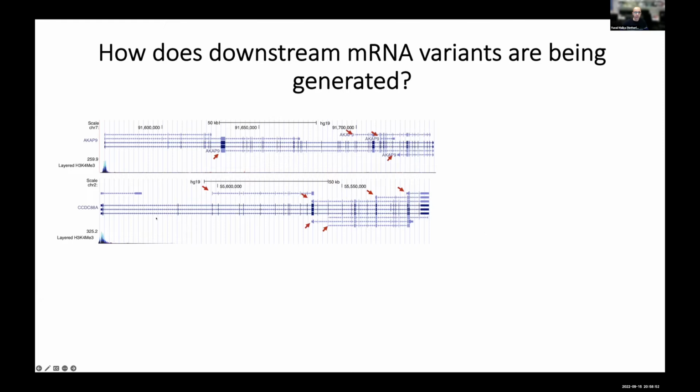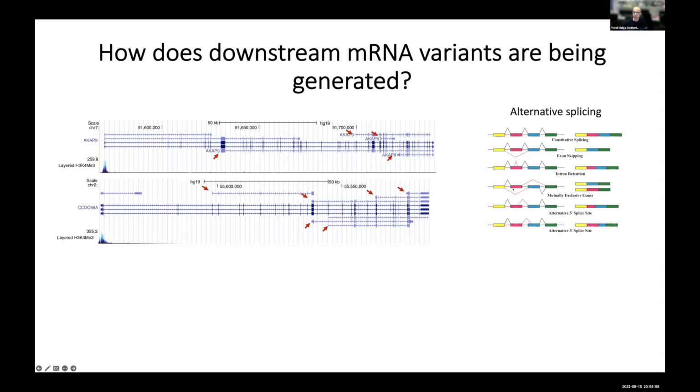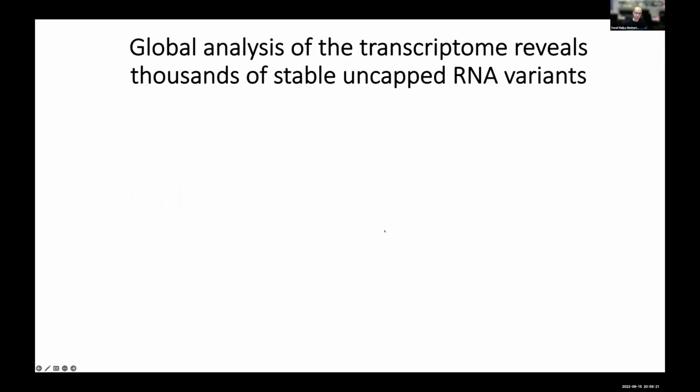For these two random genes, there are multiple variants that cannot be explained by alternative splicing, since the first cap exon must be included in any combination of splicing, and also cannot be explained by alternative promoters, since there is only a single promoter at the 5' end. So what I was thinking was that what I discovered before in the 3' UTR, that the 5' UPT can be cleaved to generate an autonomous uncapped RNA, also happens in the coding sequence region.